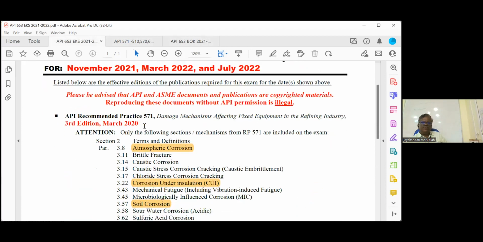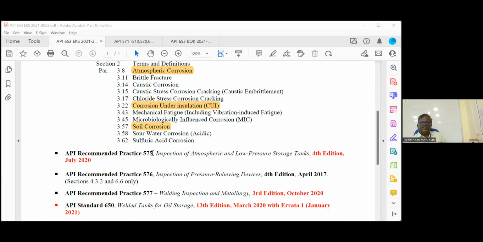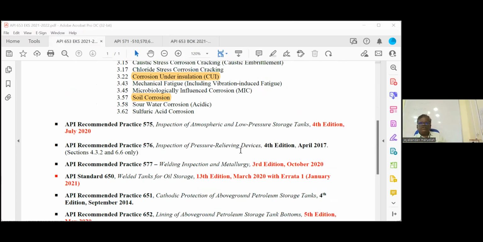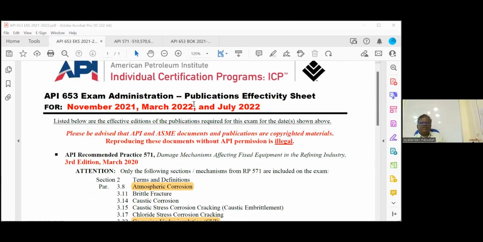What has changed is that 571 is now the 2020 revision, 570 we have 2020, and 575 also we have 2020 revision. 577 also we have 2020 revision. We will take the class based on this effectivity sheet only, and the exam will be based on this one only, not on the old revision. It was implemented from the last November exam, this March exam and the July exam.